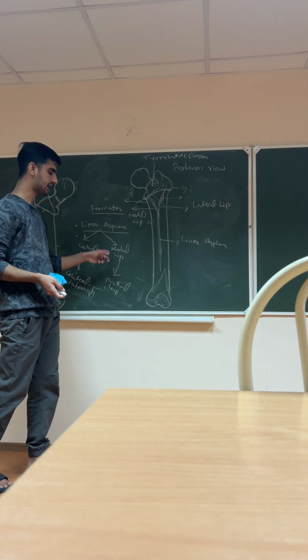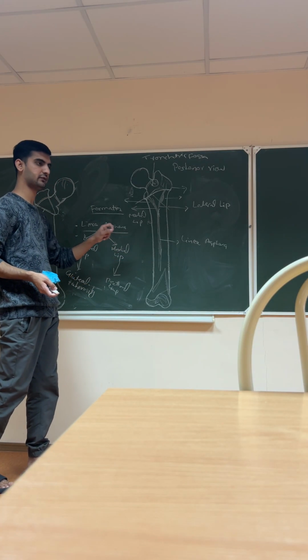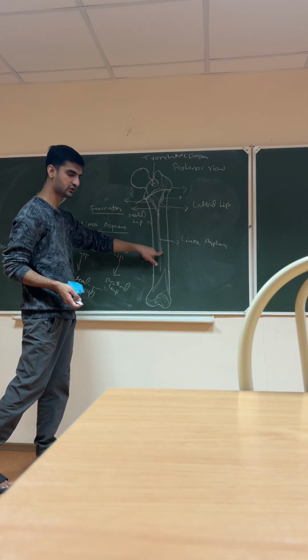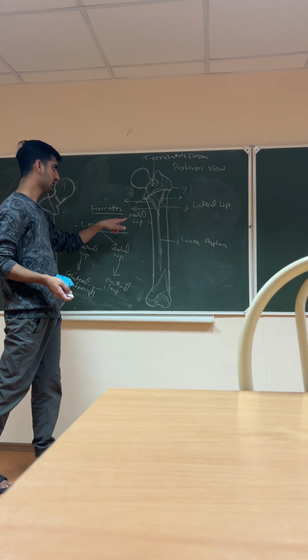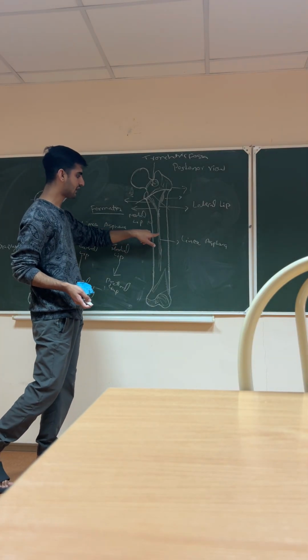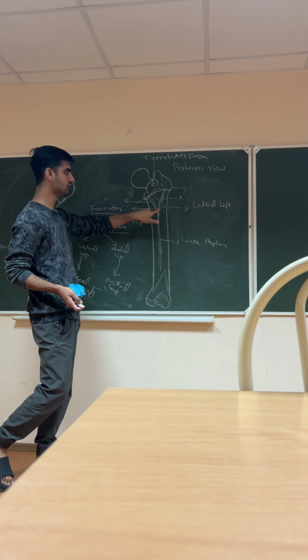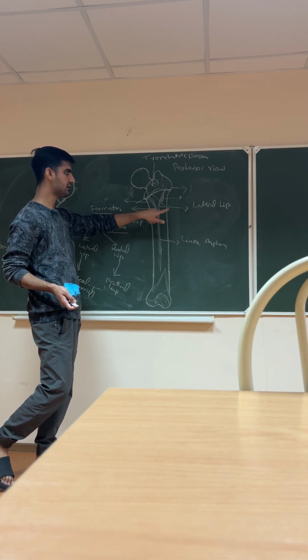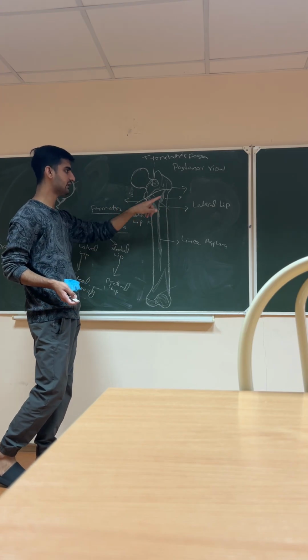Understand? Again, discussing the diaphysis formations. First we have the linea aspera in the posterior view, because in the anterior view we have a cylindrical shaped body. This linea aspera continues and is divided into two parts: the lateral lip and the middle lip.